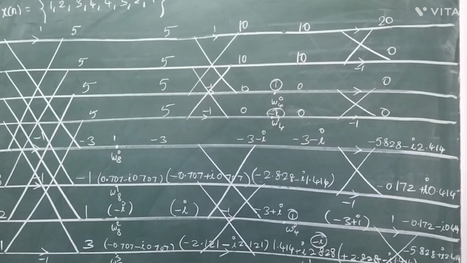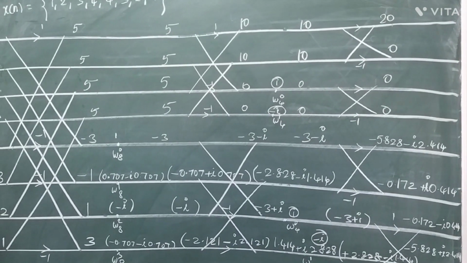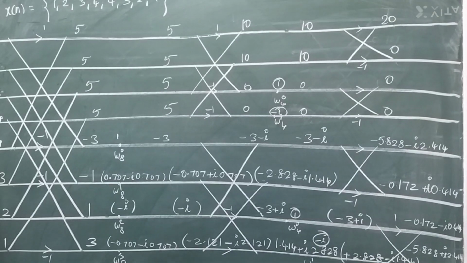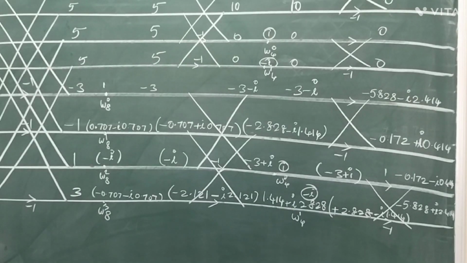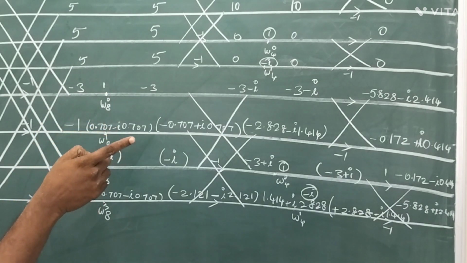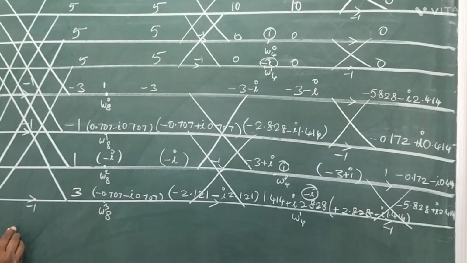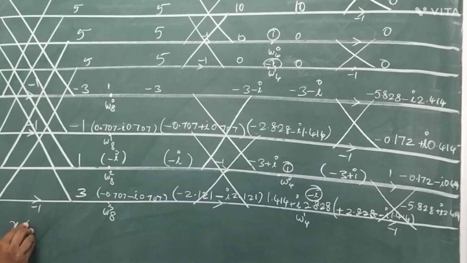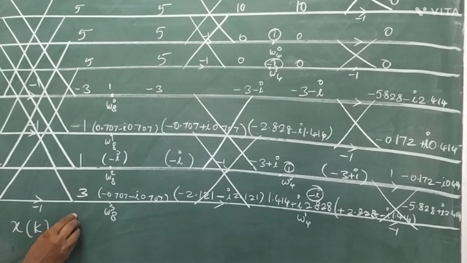The output sequence is in bit reversal order, that is 0, 4, 2, 6, 1, 5, 3, 7. So X of k is the output sequence.